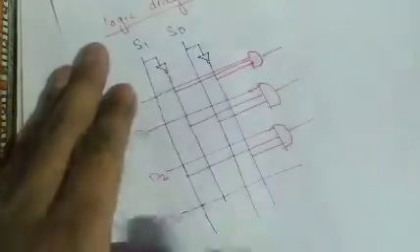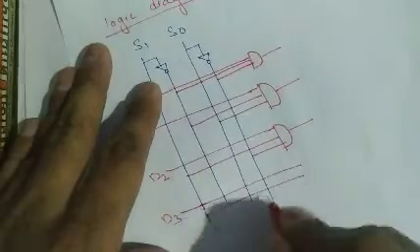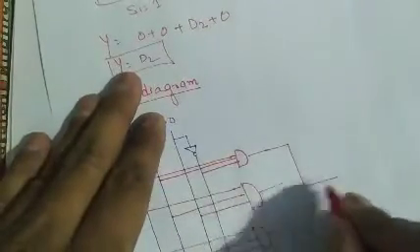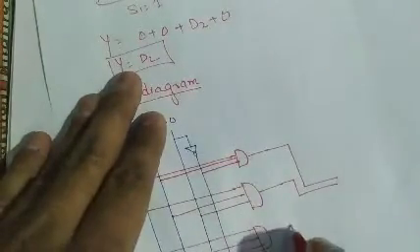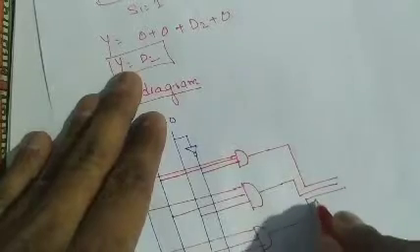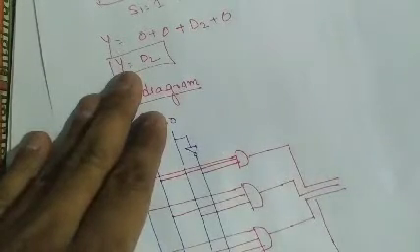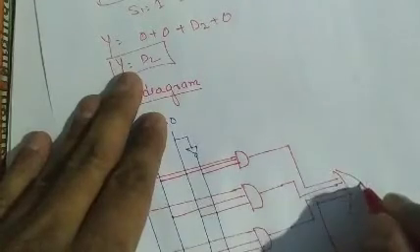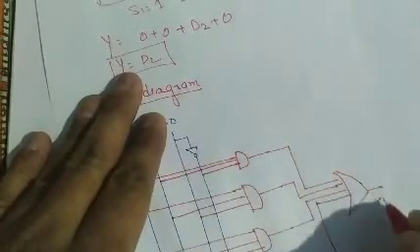S1 and S0, S1 and S0. And now I will use an OR gate, a four input and one output OR gate.